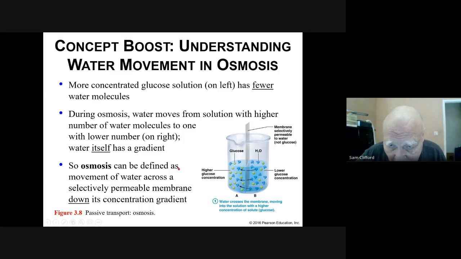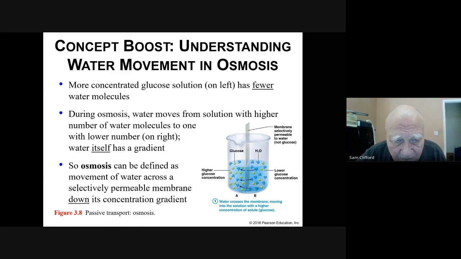So if you have a high concentration of dissolved substances, the water will move from the low concentration of dissolved substance, glucose, to the side where there's a higher concentration of dissolved substances, glucose.